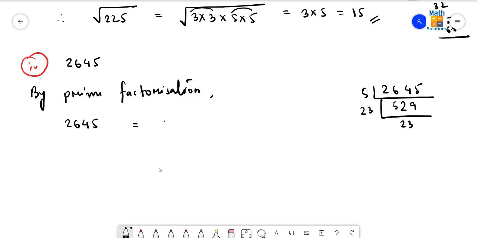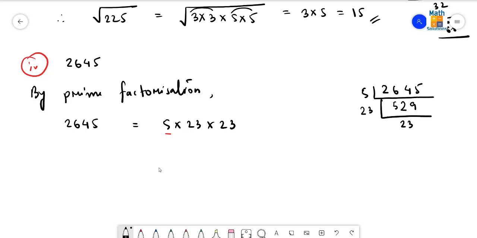So what I get here is 5 into 23 into 23. So we find that this first number, I mean 5, is unpaired. So to make it a perfect square, I have to divide this number by 5.